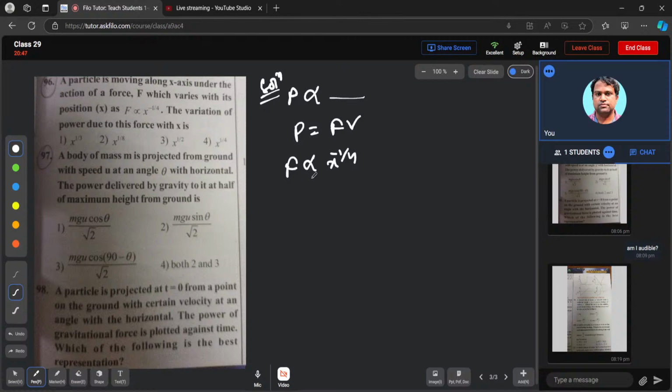So F equal to MA, M is constant, so we can write A is also proportional to x to the power minus 1 by 4. Can I say that? Or I can say A equal to some constant into x to the power minus 1 by 4.